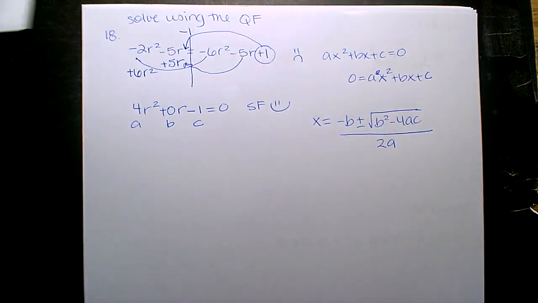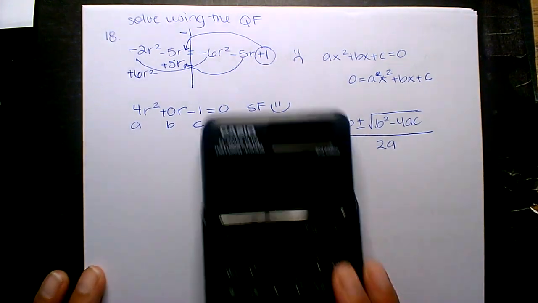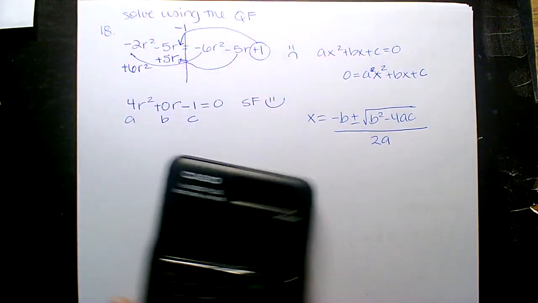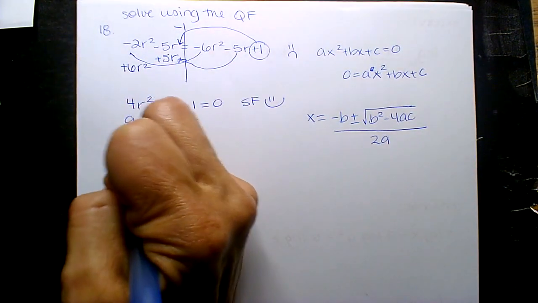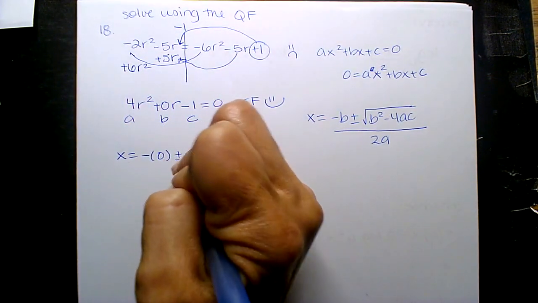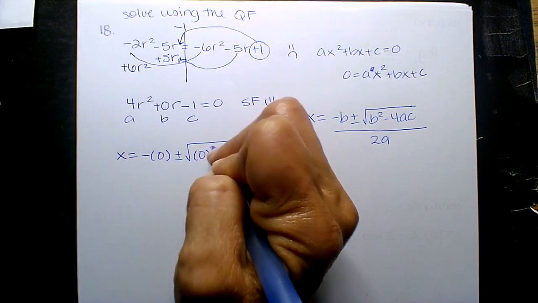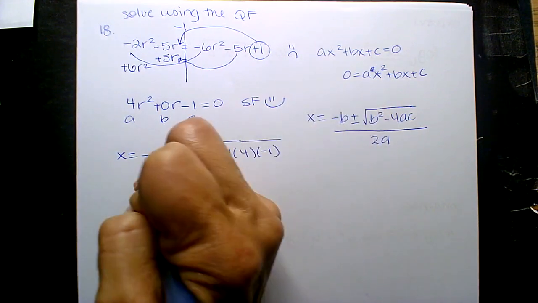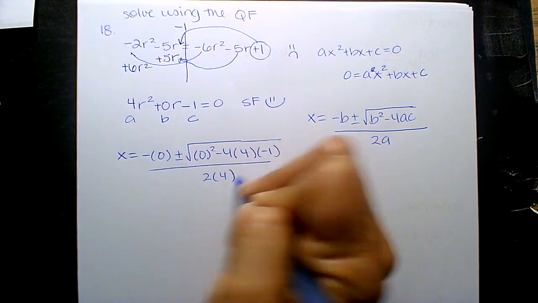Okay, so where's my calculator? If I start typing, I should put it in first. Minus b plus or minus the square root of b squared minus 4ac, all over 2a.